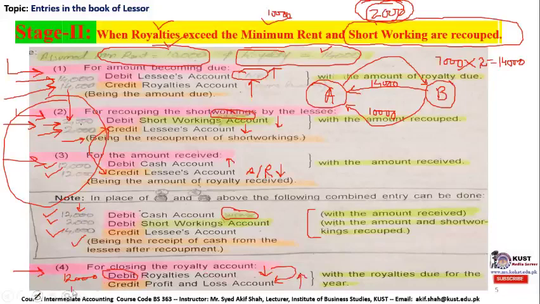So this 12,000 rupees has been shifted or transferred to the profit and loss account of the lessor with the royalties due for the year. So the company has realized 12,000 of royalty and reduced the liability of short working suspense account.